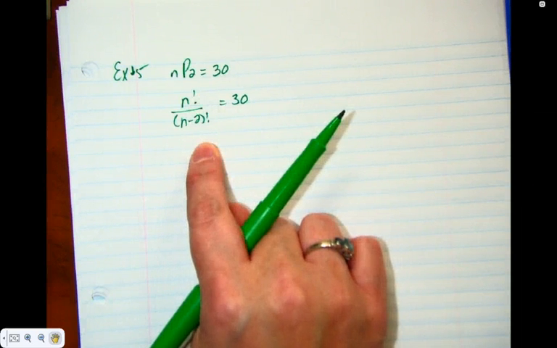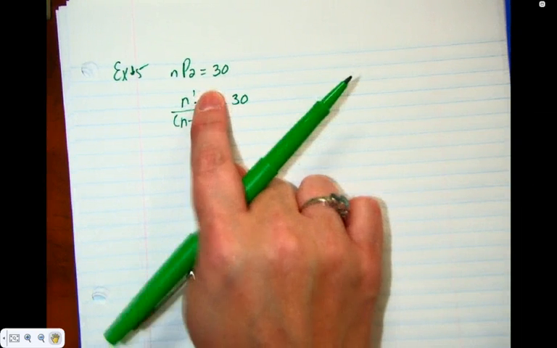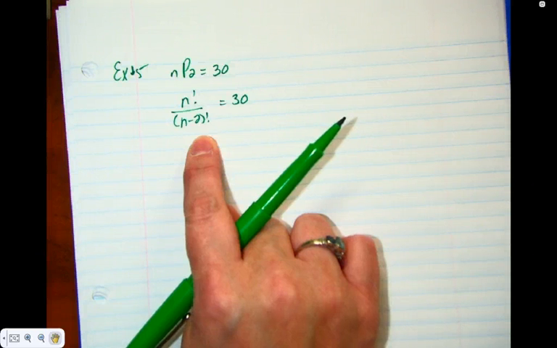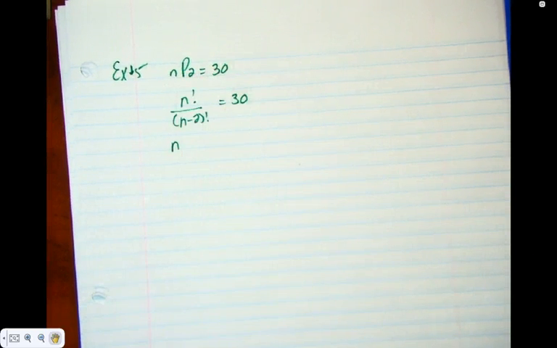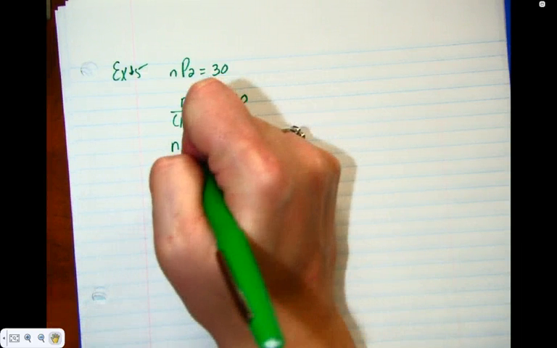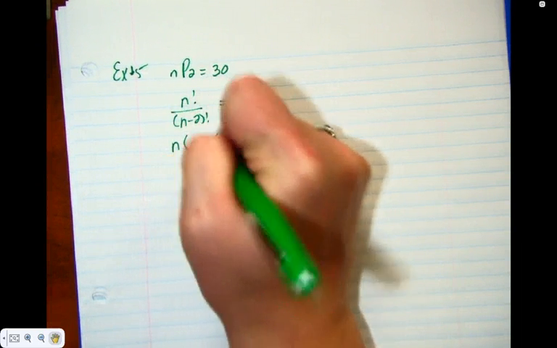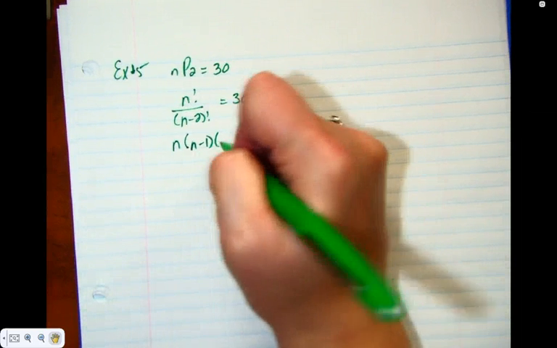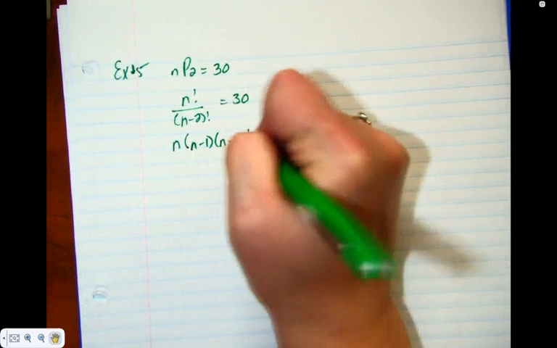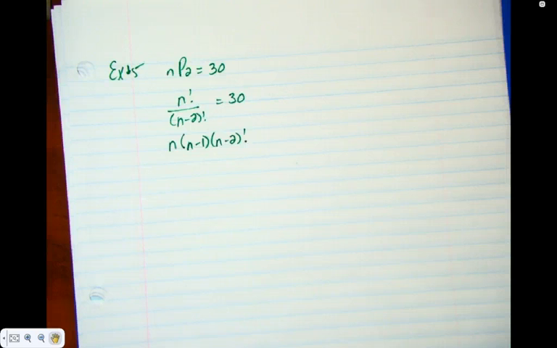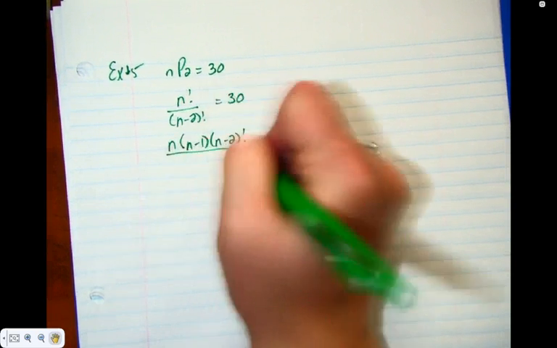Again, if you're not sure, just put in a number for n. What's going to be bigger, n or n minus 2? N. So it's n factorial I'm going to start to break down. It starts with n, then times n minus 1, then times n minus 2. Stop, make it the factorial. Why did I stop at the n minus 2? Because it cancels with the bottom.